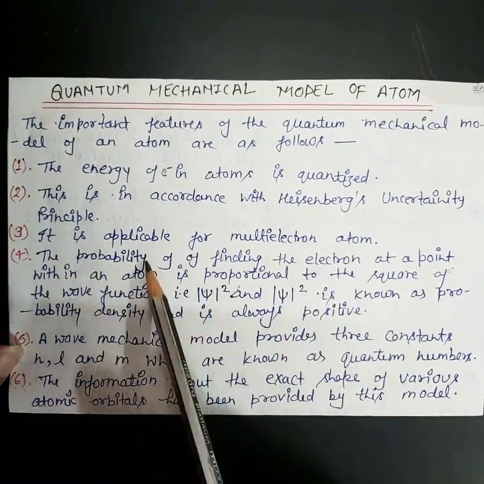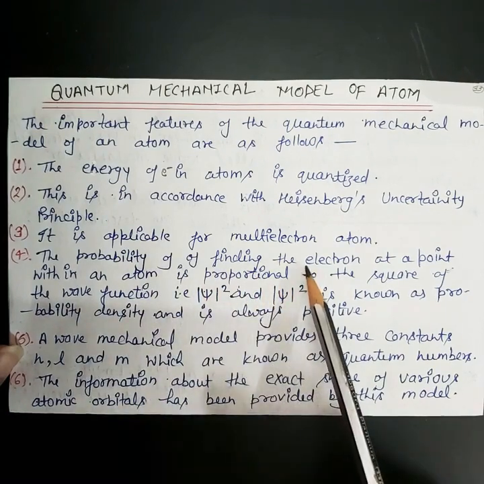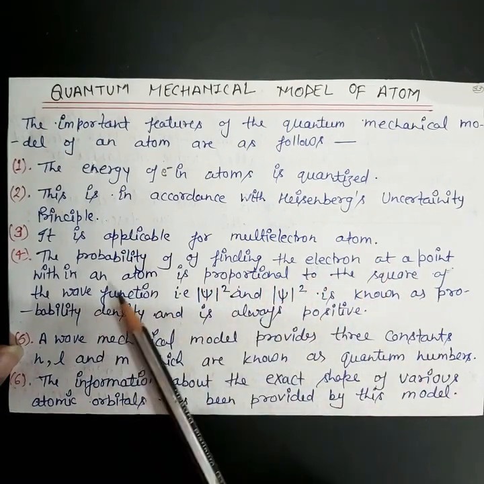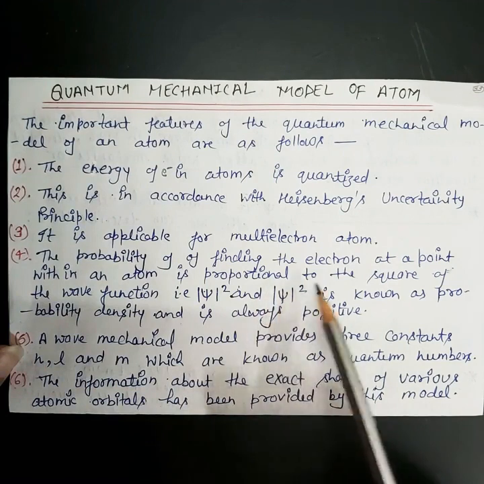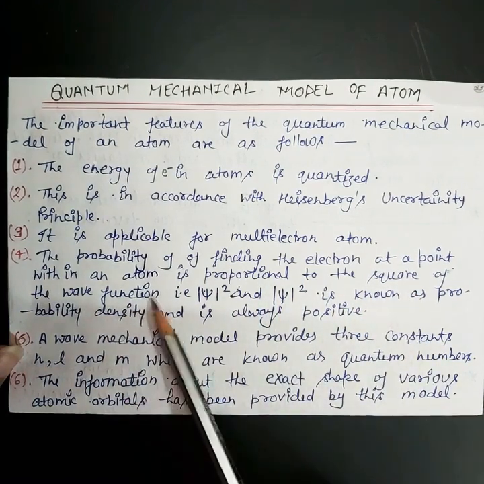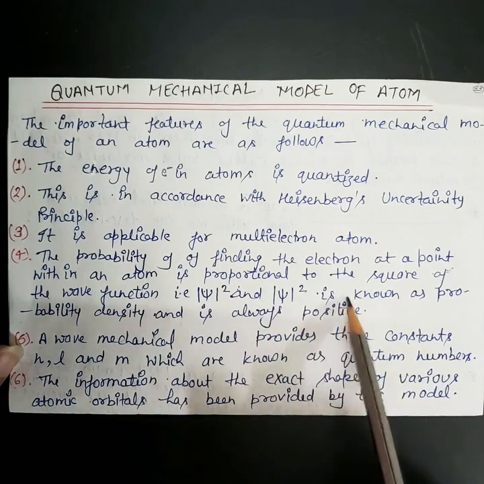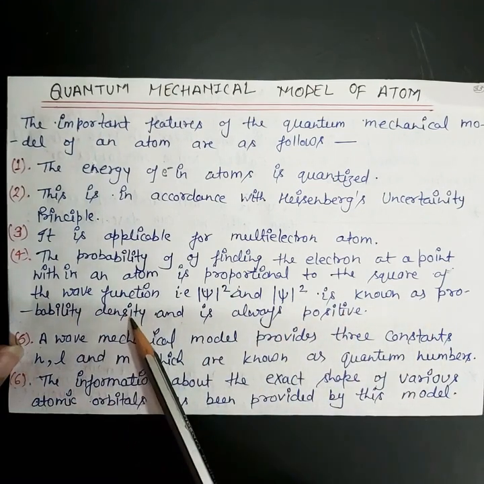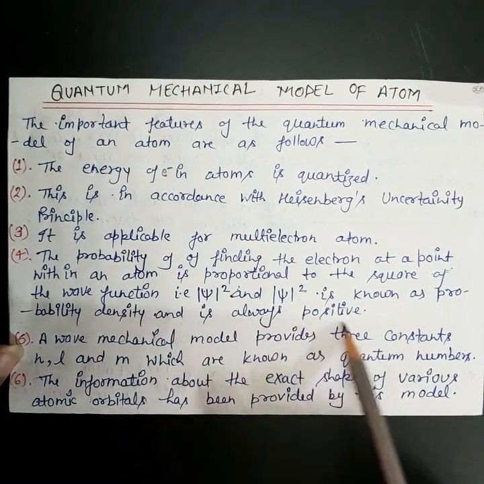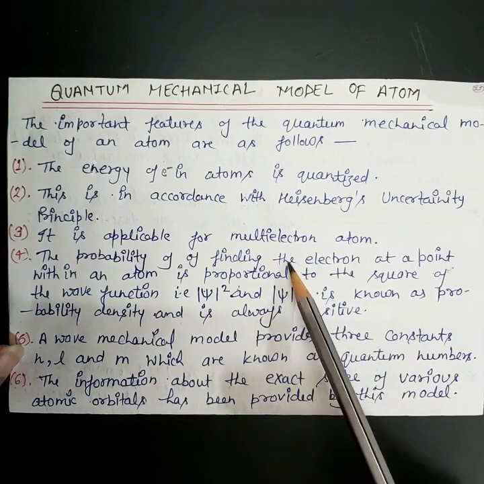Next, the probability of finding electron at a point within an atom is proportional to the square of the wave function, that is mod psi square, which is known as probability density and is always positive. This point we have already discussed.